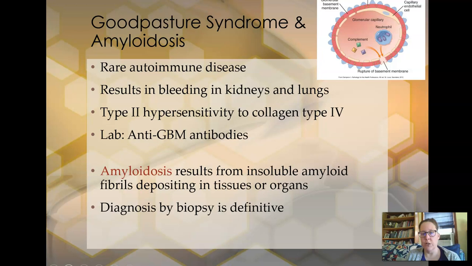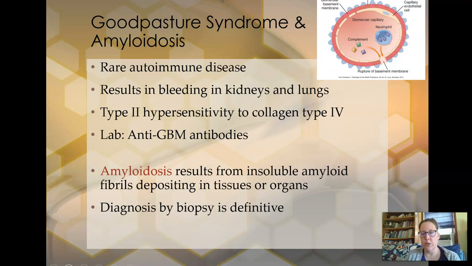Goodpasture syndrome and then amyloidosis. So Goodpasture is a rare autoimmune disease. It results in bleeding in the kidneys and the lungs because you have a type 2 hypersensitivity with antibodies to collagen type 4, which is in the basement membranes of the kidneys and the lungs, and you have anti-GBM, glomerular basement membrane antibodies.